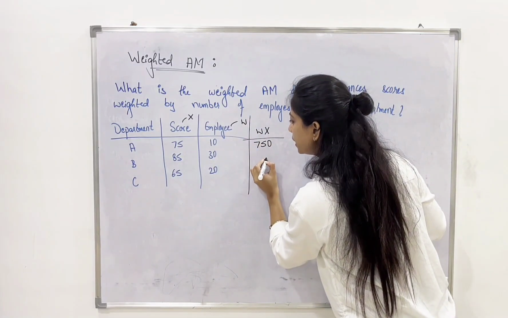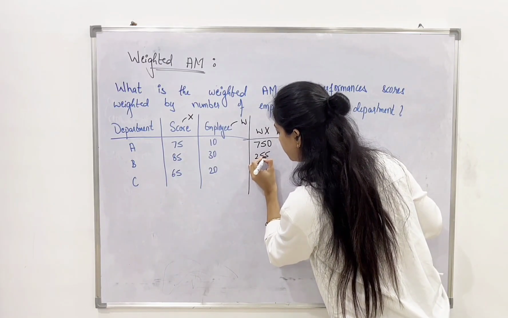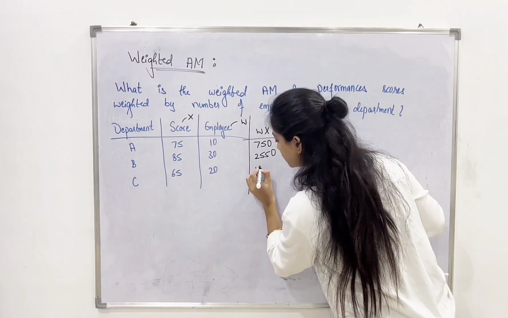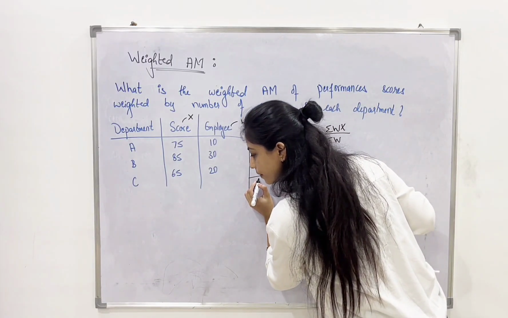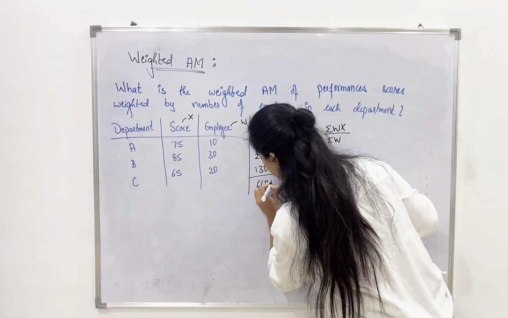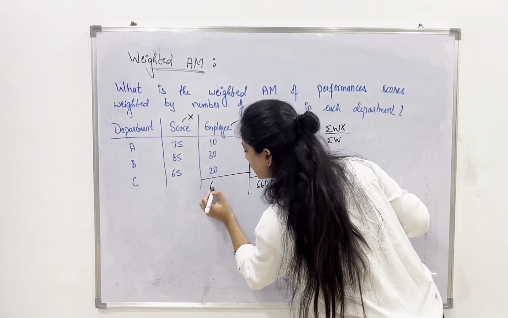So 750. Next will be 2550 and 1300. Now we will take the total, which is 6600, and we need the total of weightage, which is nothing but 60.